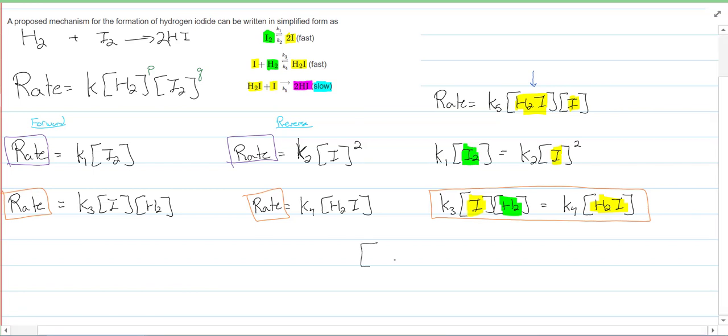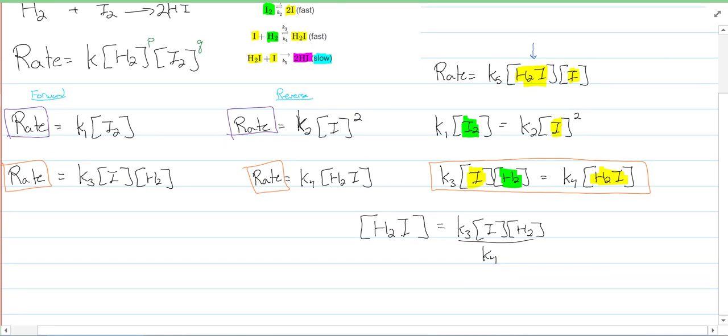So the concentration of H2I will be equal to K3 times concentration of I times concentration of H2, all over K4. Perfect. So now I can substitute all of this right here for H2I.